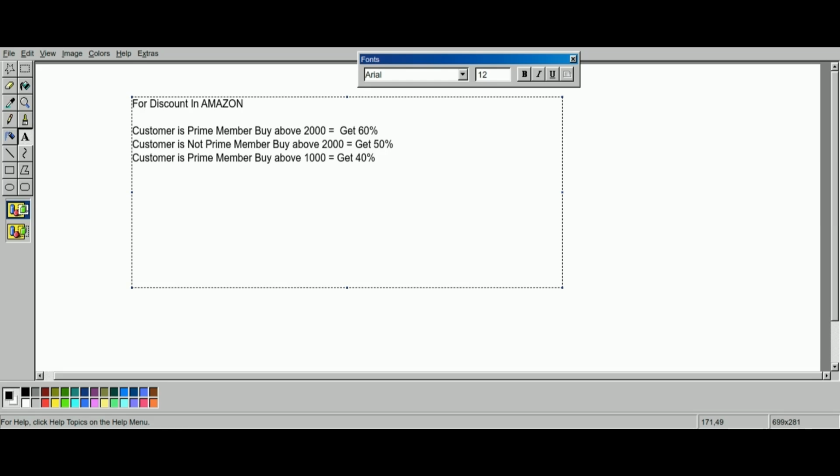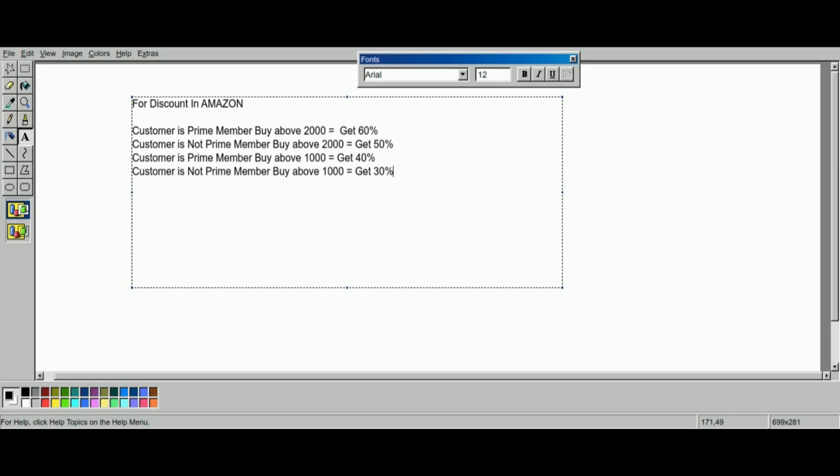And customer is not a prime member and buys above 1000, gets 30%. Understand what is the scenario?